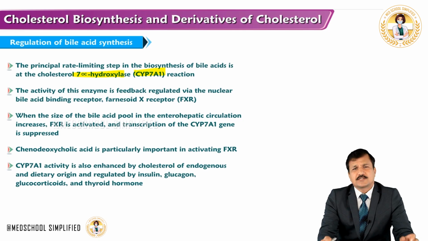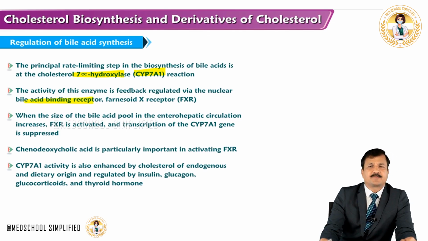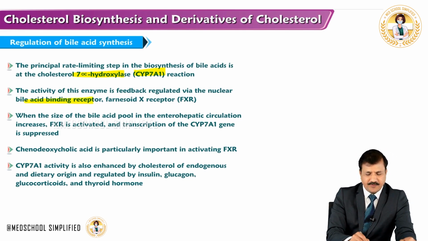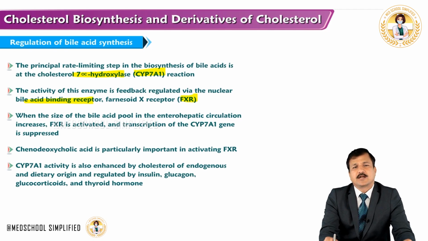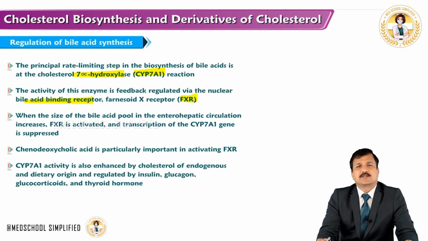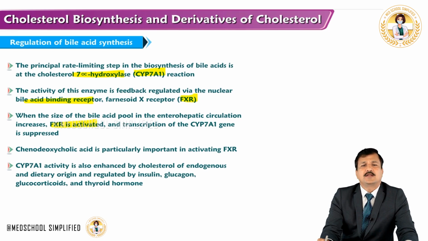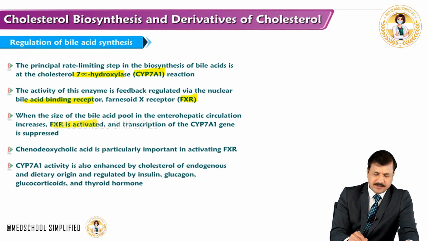The activity of this enzyme is feedback regulated by a nuclear bile acid binding receptor called the FXR receptor, that is, farnesoid X receptor. When the size of the bile acid pool in the enterohepatic circulation increases, the FXR receptor is activated, and the transcription of the CYP7A1 gene is suppressed.